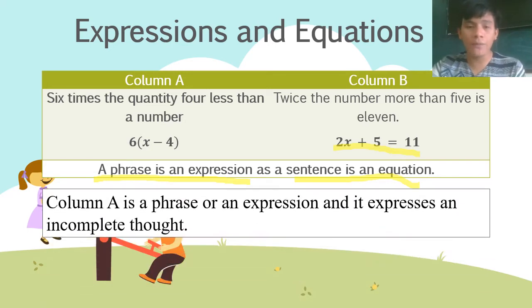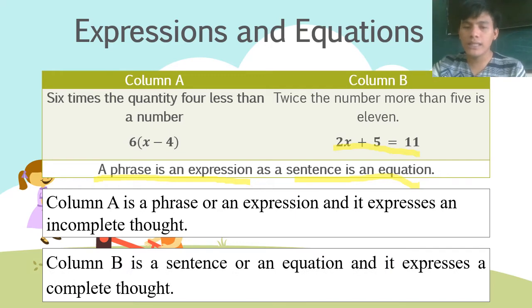Column A is a phrase or an expression, and it expresses an incomplete thought. Therefore, it is an expression. While column B is a sentence or an equation, and it expresses a complete thought. Column B is an equation.